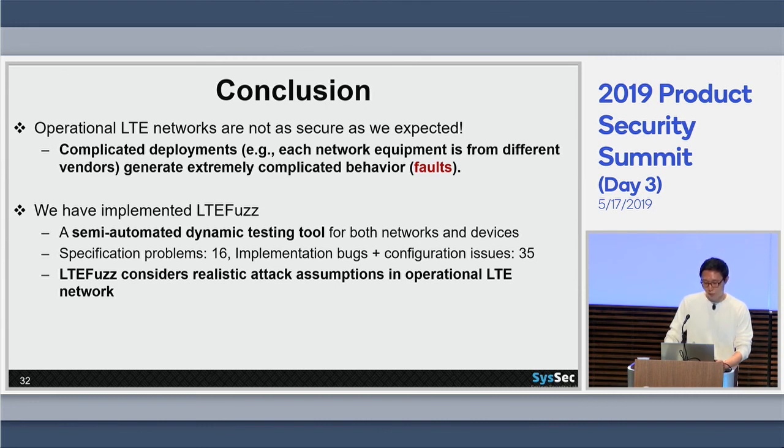Therefore, in this work, we developed LTEFuzz, a semi-automated dynamic testing tool. It can identify various security problems by using open source LTE software and simple decision tree logic. LTEFuzz considers realistic attack assumptions in operational LTE networks, unlike previous studies that just assumed a simplified LTE network.